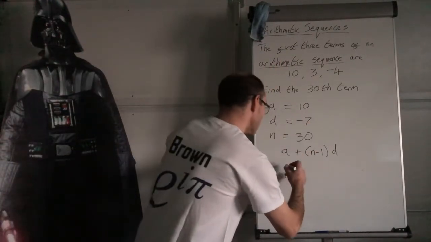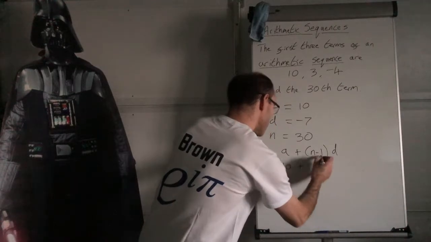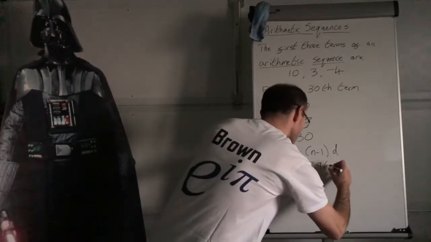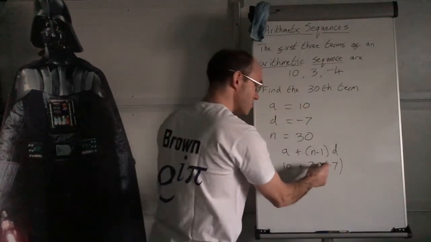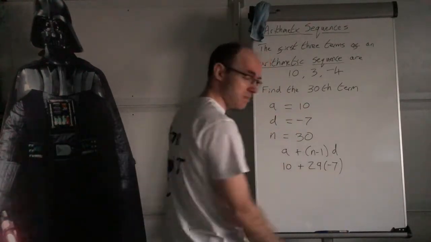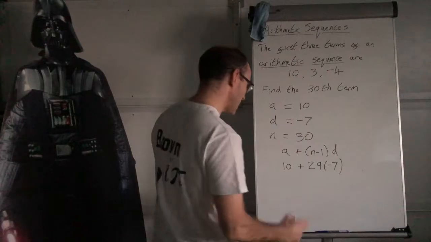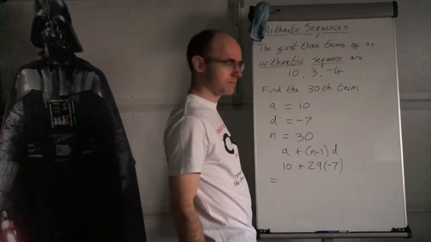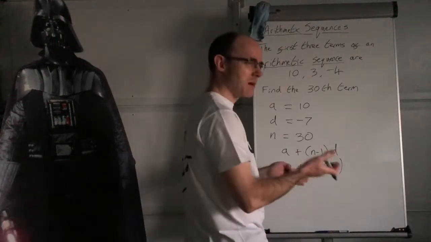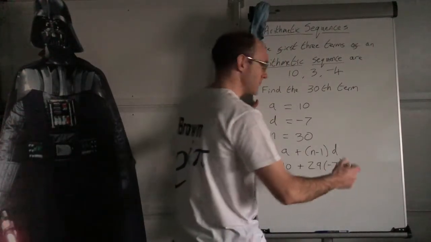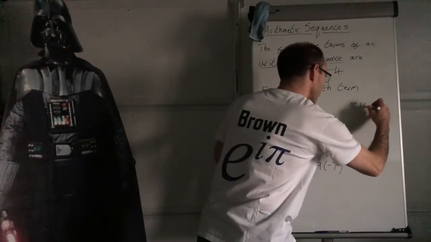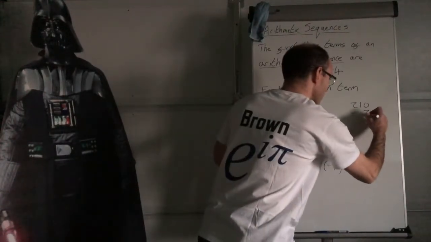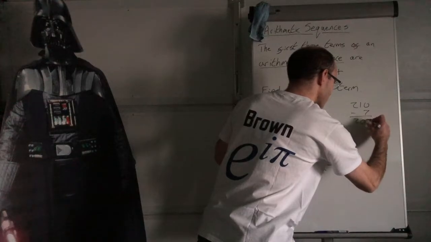So A, 10, plus N minus 1, so it's 29, multiplied by negative 7. 29 bracket negative 7 means 29 multiplied by negative 7. And we'll just work out what that is. 29 times negative 7. Well, let me help you out. So 30 times 7, that would be 210. But you want 29 times 7, so subtract 7. That gives you 203.